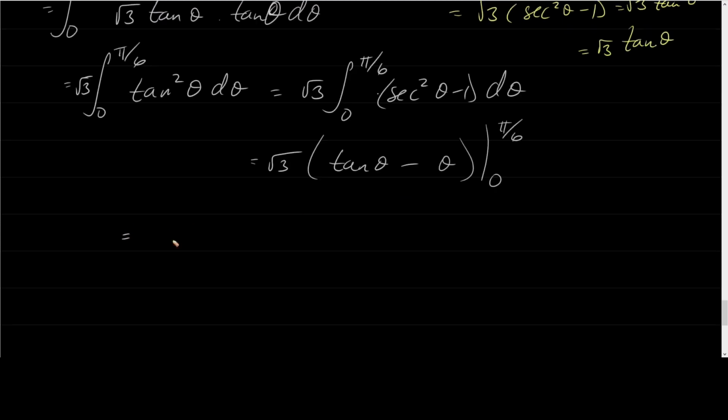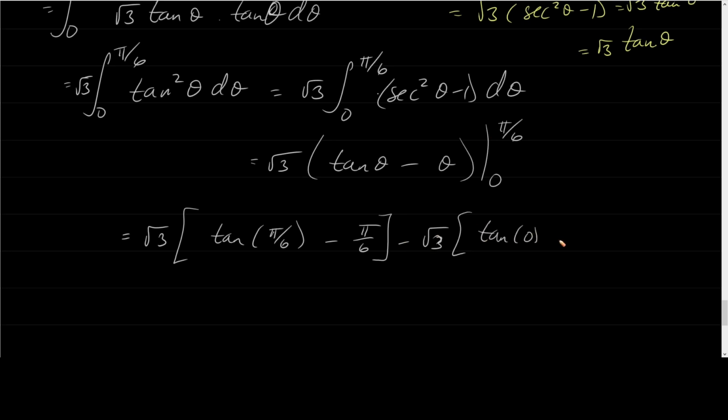So at this point, well, what do I get? I end up with radical 3 times, let's plug in pi over 6. So I have tangent of pi over 6 minus pi over 6, and that's for plugging in the top, minus radical 3 times tangent of 0 minus 0.